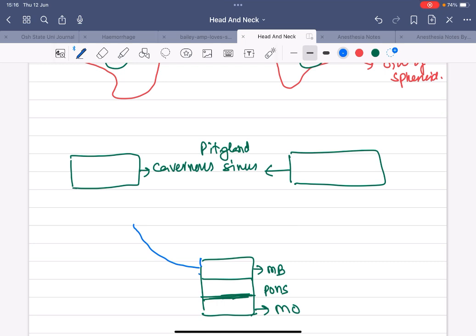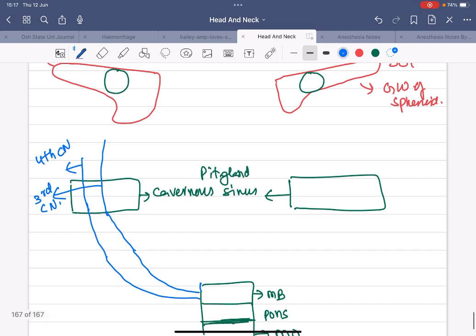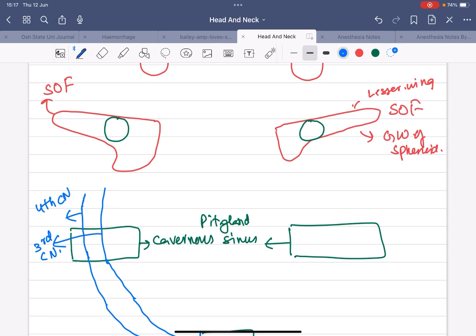The fourth is also passing through the cavernous sinus, and the third as well. The fourth cranial nerve enters the superior orbital fissure, but it is not passing into the ring of Zinn.